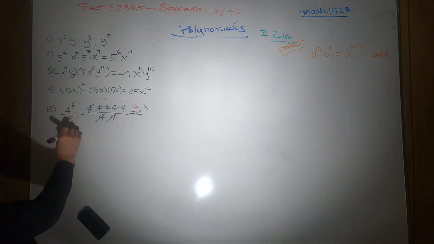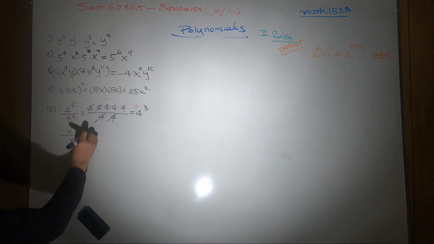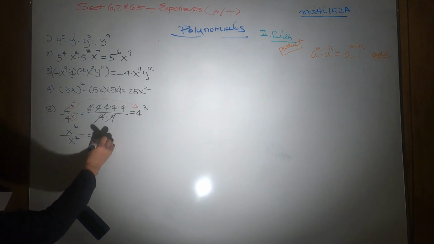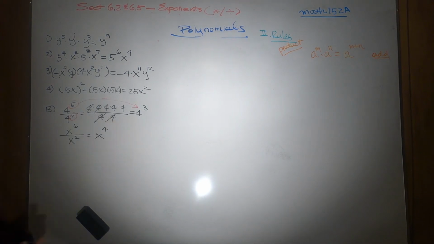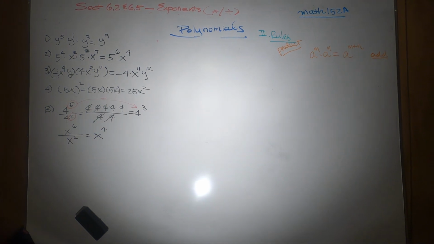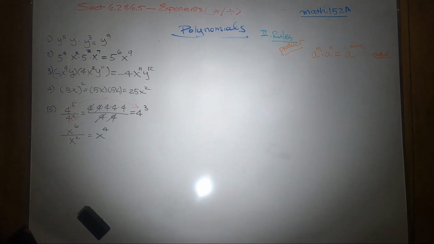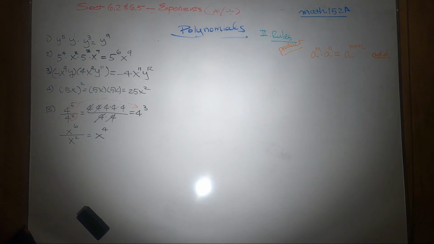Okay. If you have x to the 6th power divided by x squared, what do you think? How many x's you have left? 4 of them. Is that right? If you have same base, then different power, you need to consolidate them, make it simpler, right?